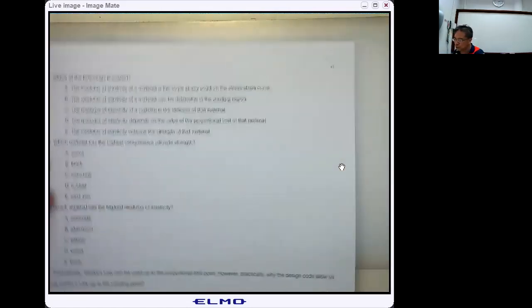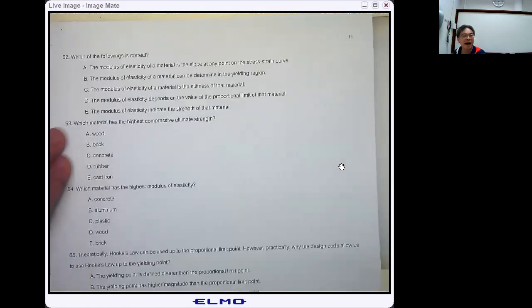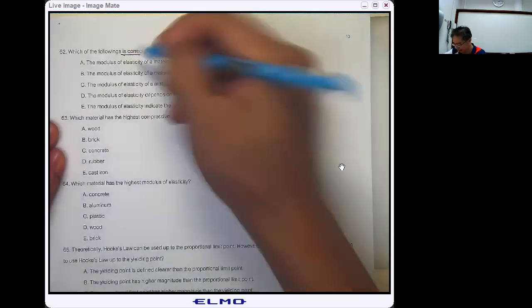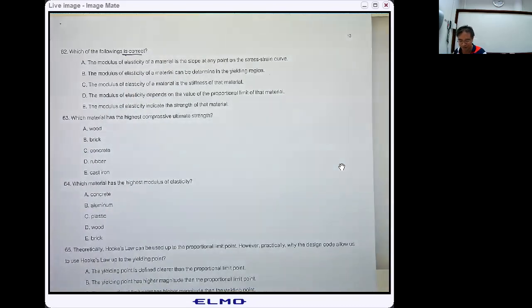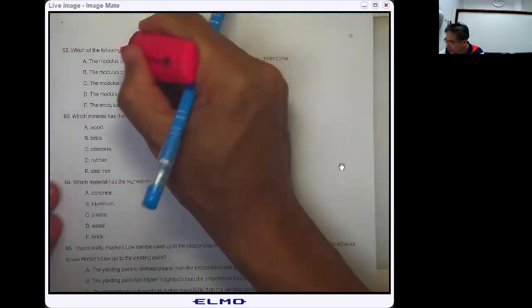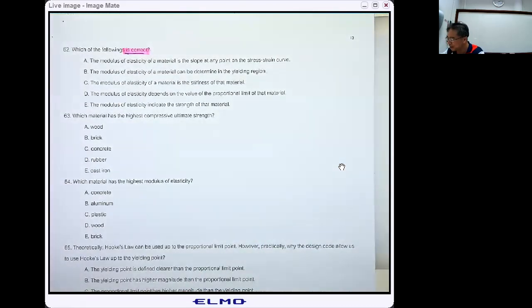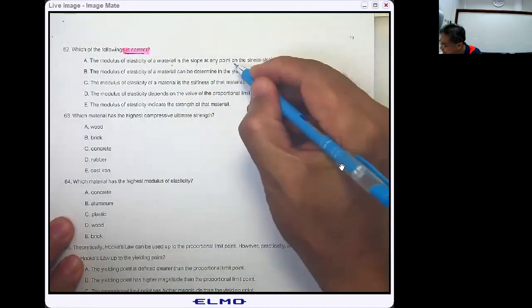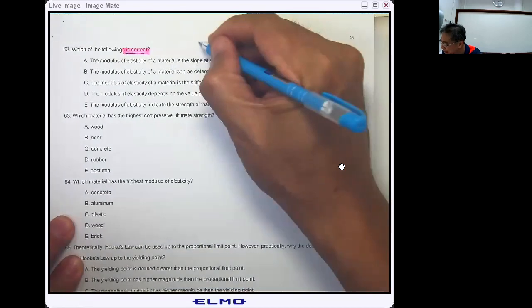On problem 62, I may ask you, which of the following is correct? Which one is correct? The modulus of elasticity of a material is the slope at any point of the stress-strain diagram.